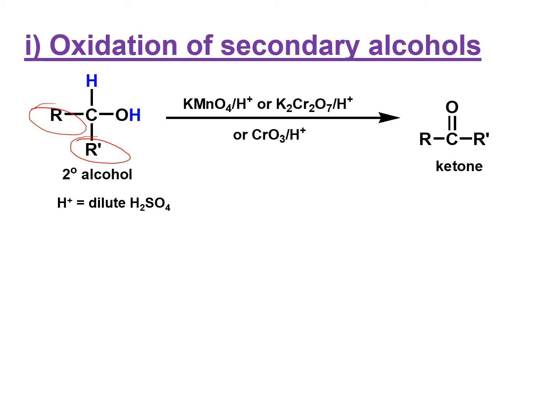These three are strong oxidation agents. So what is going to happen? Same thing as with aldehyde, the hydrogen will come out, so you form H2. To stabilize the carbon, the carbon has to form a double bond with the oxygen, so you form a ketone.